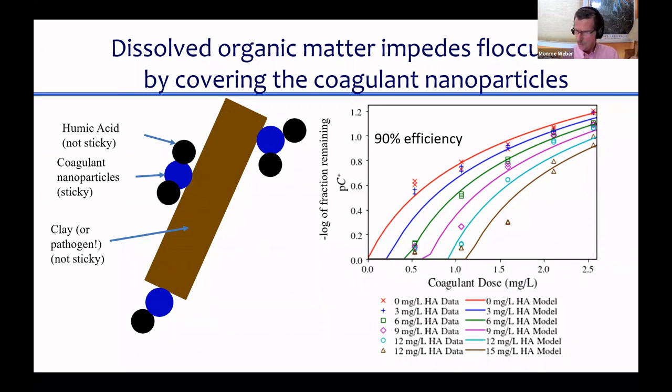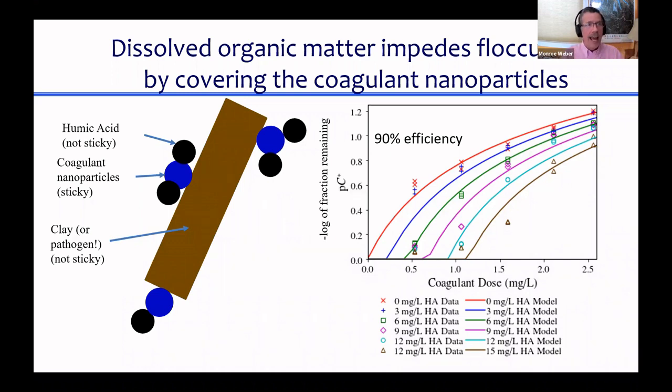So if we look at this plot, actually, I'm going to pass on describing the plot. I'm going to go right to the concept. The concept is that when you add the coagulant, the dissolved organic molecules, because of diffusion, very quickly attach to the coagulant nanoparticles.